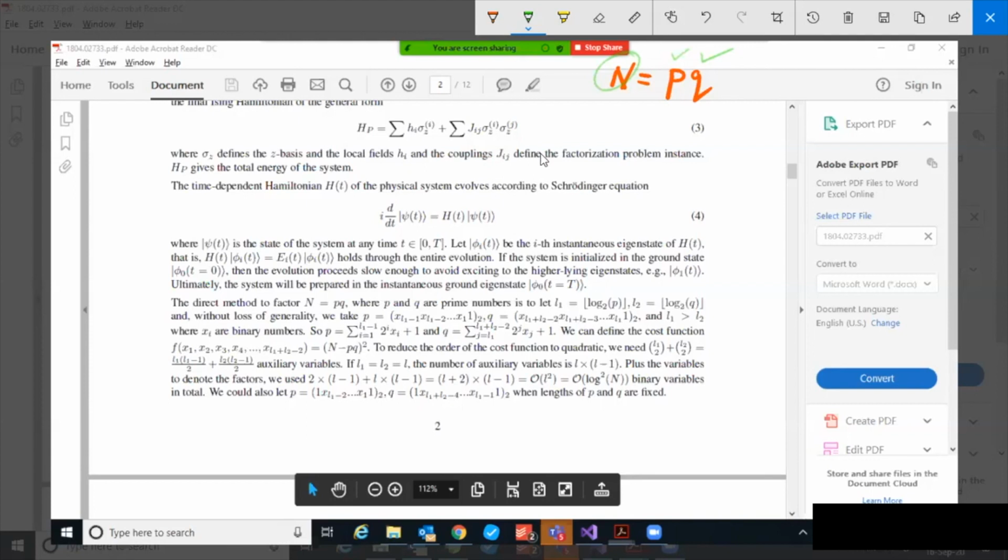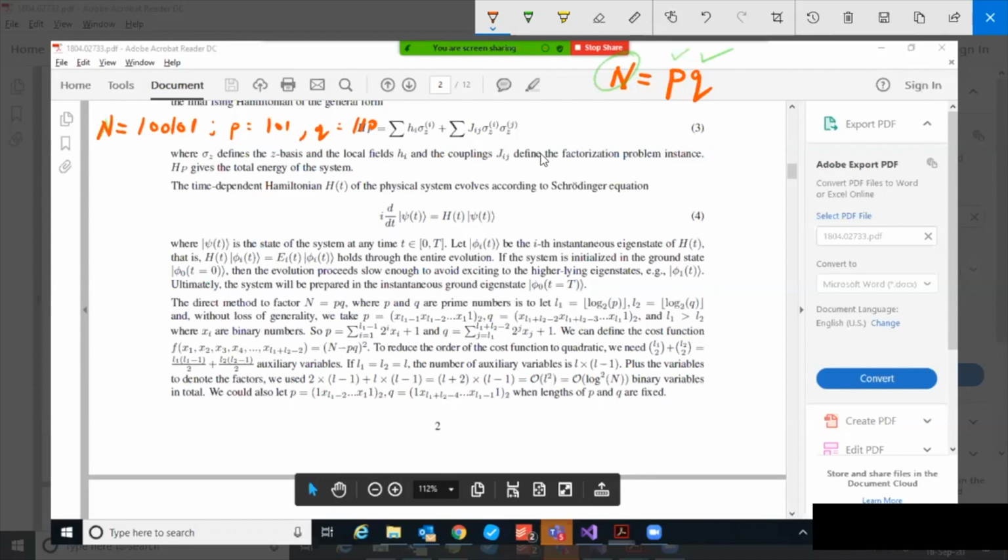We can represent N as a binary number, something like this, and if we know the solution, p and q will be something like this. So we are dealing with binary numbers here.